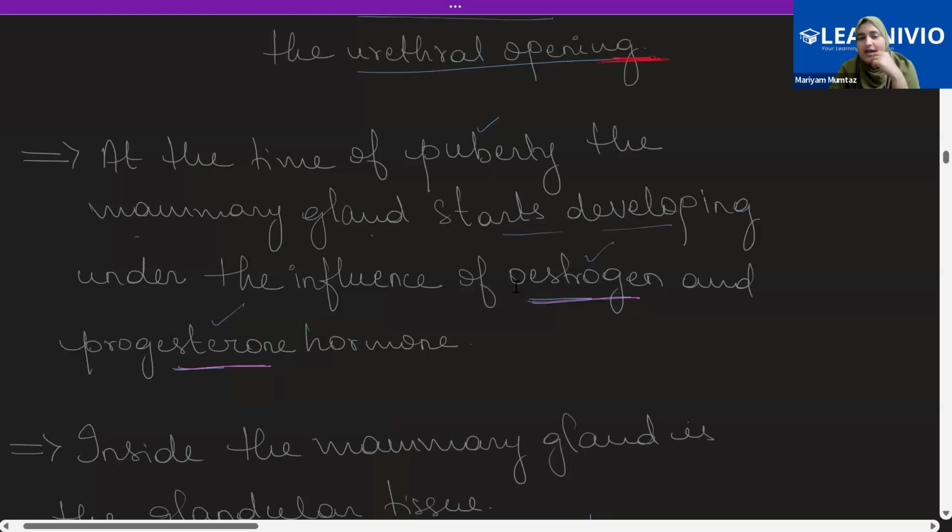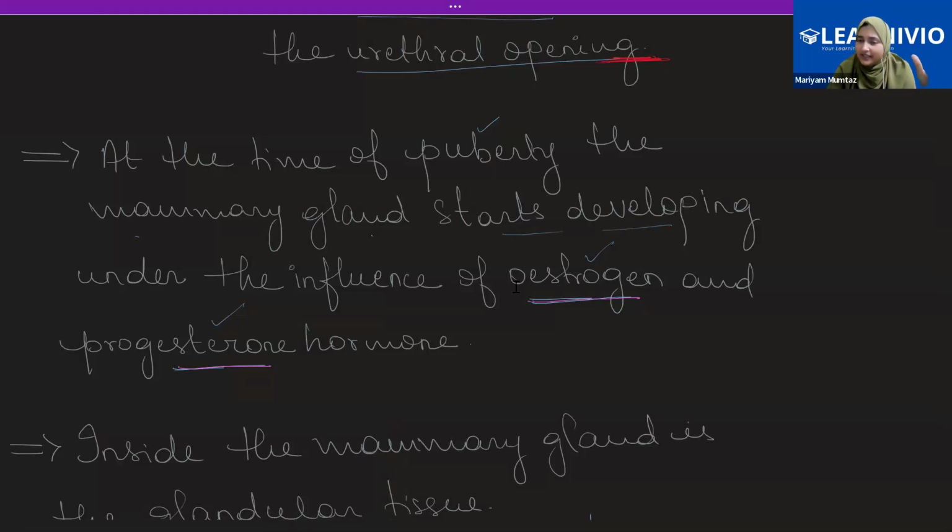At the time of puberty, one more thing starts to happen other than the menstrual cycle beginning: the mammary glands start developing. Why? Because during puberty, estrogen and progesterone hormones are released into the body, right? Under the influence of these hormones, the mammary glands start developing.